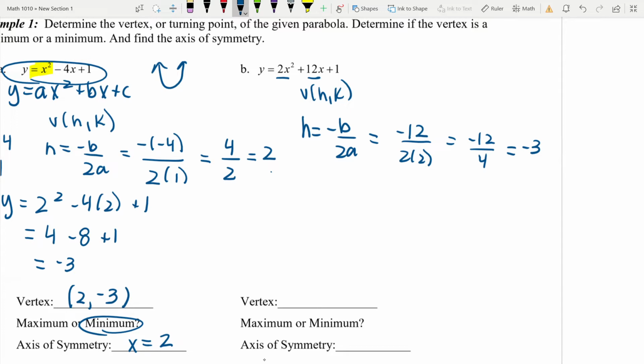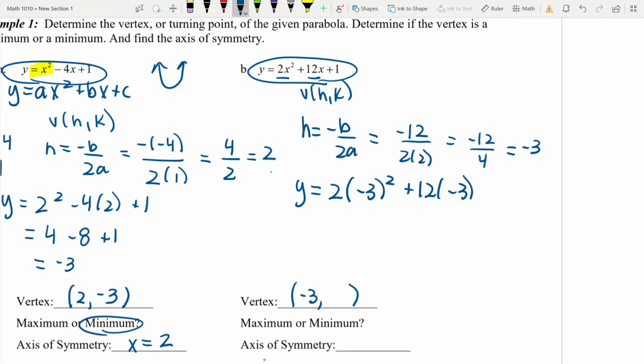So now I'm going to come down here, and I know that my x coordinate of the vertex is negative 3. How do I find the y? I go into that equation, and I put in a negative 3. So everybody go, y equals 2 parentheses, negative 3 in parentheses squared, plus 12 times negative 3 plus 1. Okay, grab your calculator.